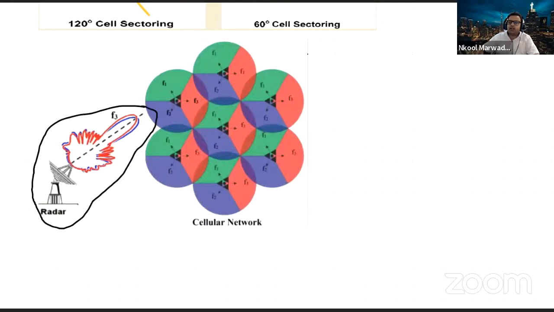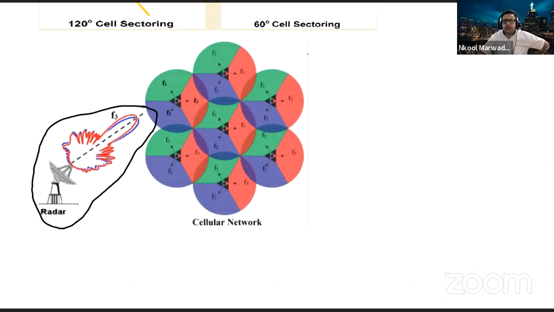Whatever signals are transmitted and received are not spread everywhere but focused into a direction, as can be seen.